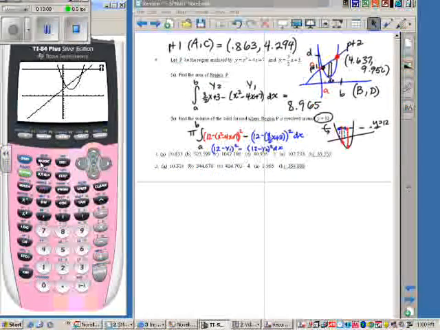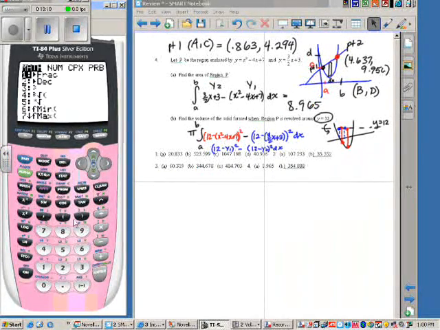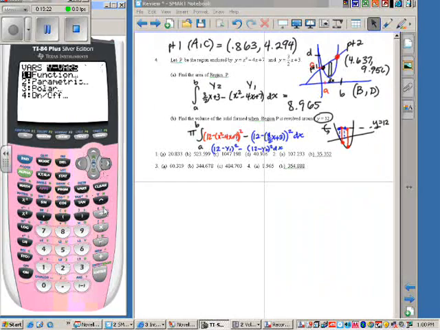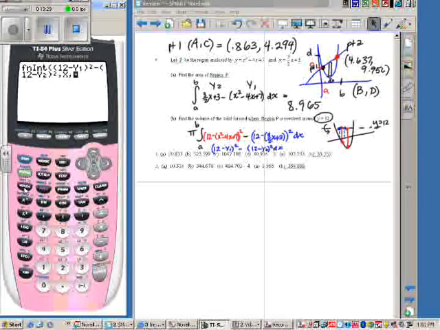So you go to the calculator and type in math 9, parentheses 12 minus vars, y vars, enter, enter, close your parentheses squared, minus parentheses 12 minus vars, y vars, enter, y2, enter, parentheses squared, comma x, comma alpha A, comma alpha B.